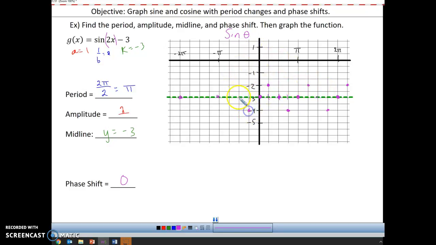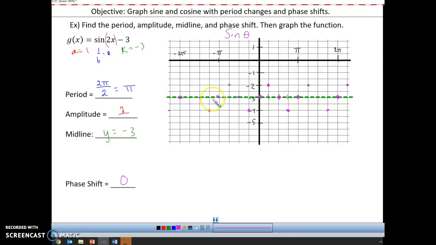So minimum, intercept, maximum, intercept, minimum, intercept, maximum, intercept, and minimum. Okay, and we get our graph.